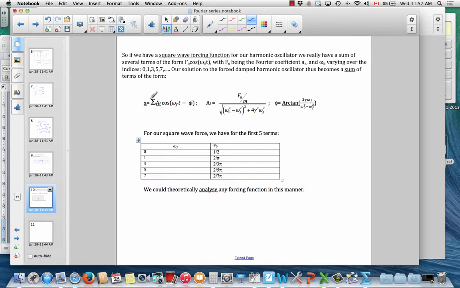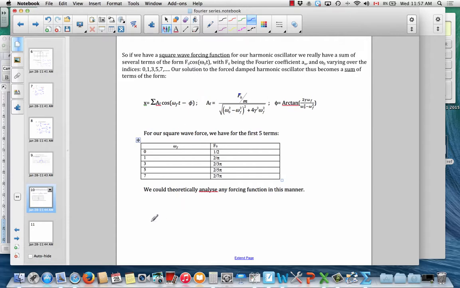And that means your solution for the motion of the particle will be a sum of the things we had before, where the amplitude of each frequency term is the coefficients in the Fourier expansion.